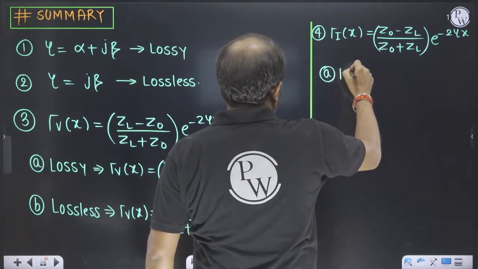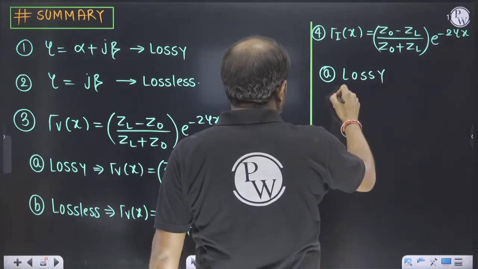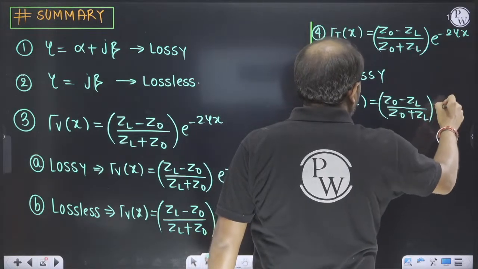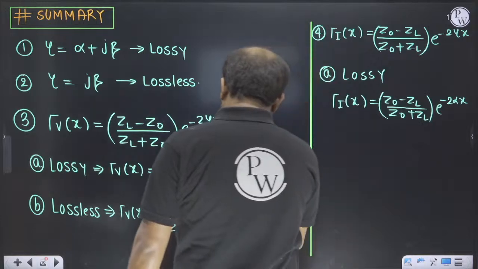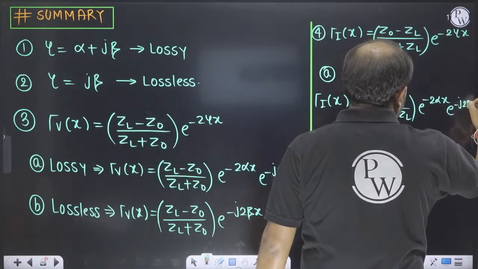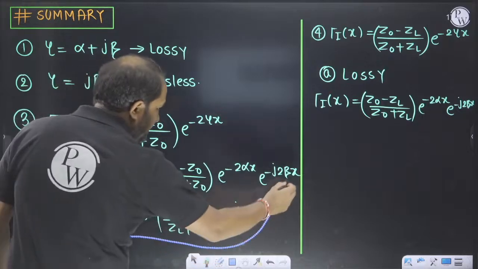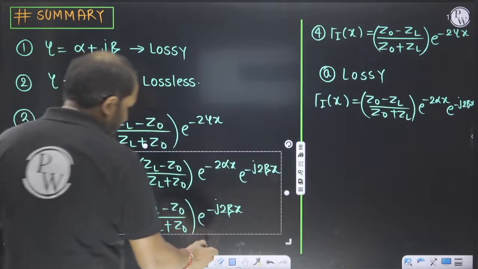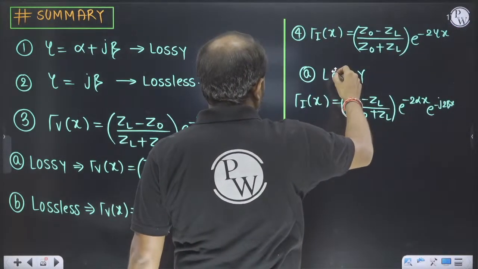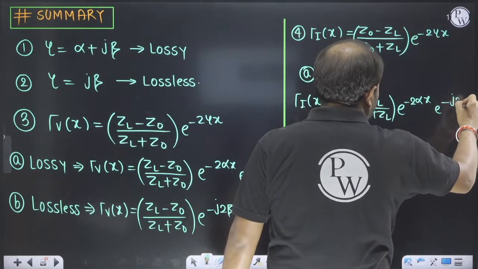So for a lossy transmission line, gamma ix is equal to (z0 minus zl) and (z0 plus zl), and e to the power minus 2 alpha x into e to the power minus j 2 beta x. I will write it down like this.